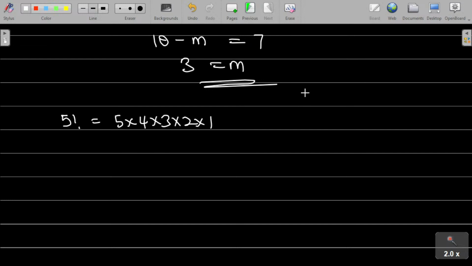So I said you should be doing 1 times 2 and so on with your calculator and checking which one will give you 5,040. If you do 1 times 2 times 3 times 4 times 5 times 6 times 7, this is the one that will give you 5,040. I think that is clear now. If it is clear, let me know.